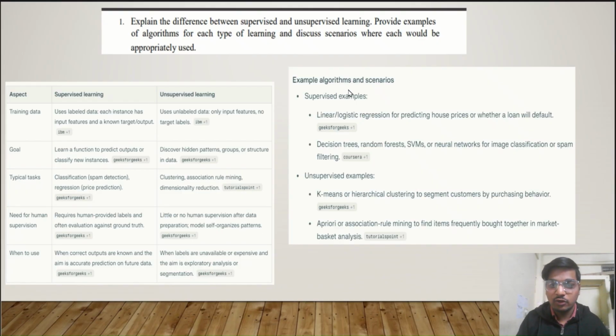The example algorithms and scenarios of supervised learning include linear or logistic regression for predicting house prices or whether a loan will default, or decision trees, random forest, SVM, or neural networks, etc., for image classification or spam filtering. The unsupervised examples include k-means or hierarchical clustering to segment customers by purchasing behavior, or Apriori association rule mining to find items frequently bought together in market basket analysis.